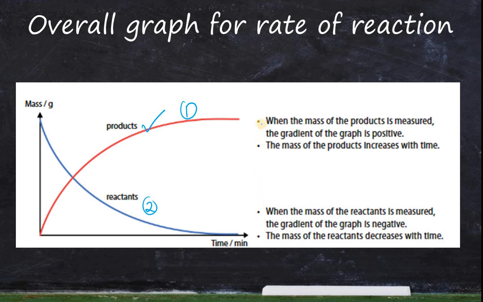The first point: since the mass of product is increasing, the gradient of the graph will always be positive. It means it is increasing with time. However, the reactant's mass is decreasing, so you will always see a negative gradient. So a negative gradient will be on the reactant side and a positive gradient on the product side. I hope this is clear now.